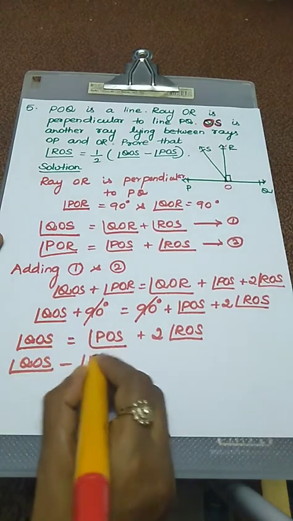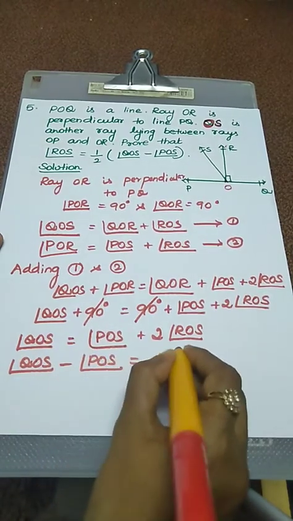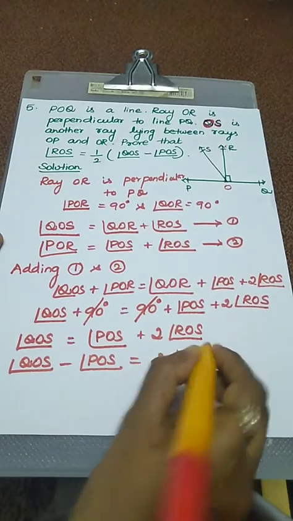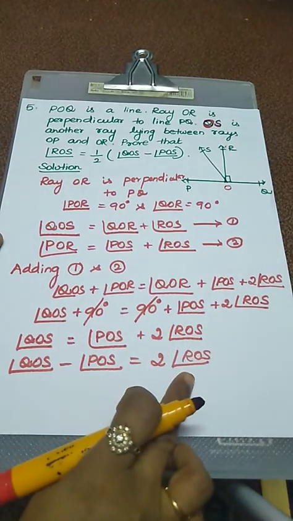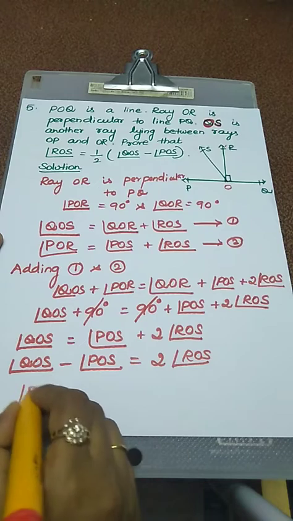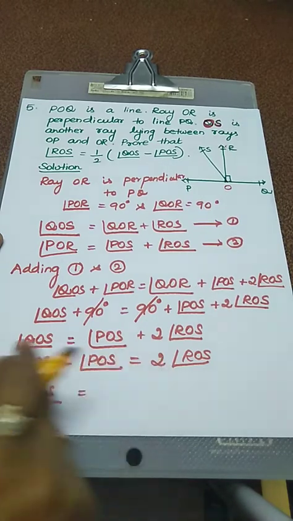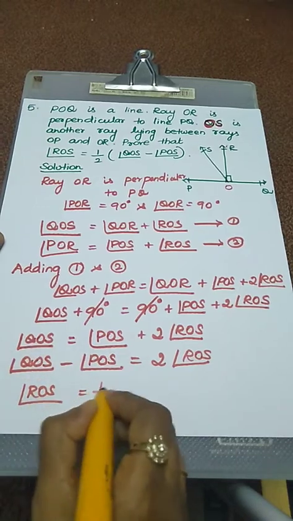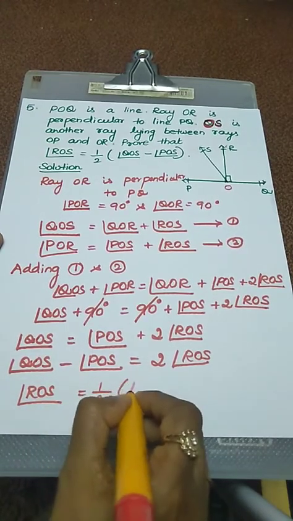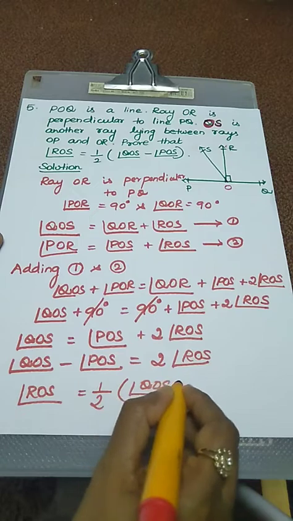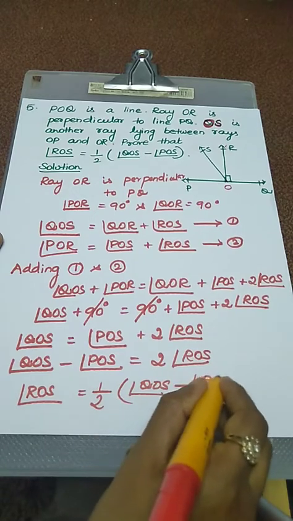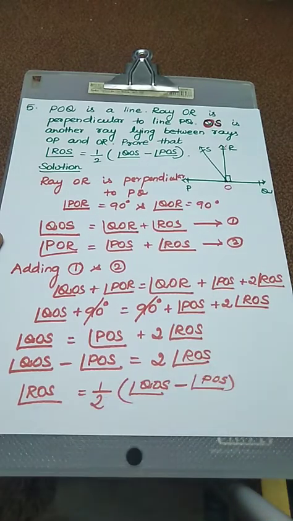So angle QOS minus angle POS is equal to 2 of angle ROS. We need the ROS value only, no. So angle ROS is equal to, you just move this value 2 to the LHS, that is 1 by 2. So 1 by 2 of angle QOS minus angle POS. That's all.